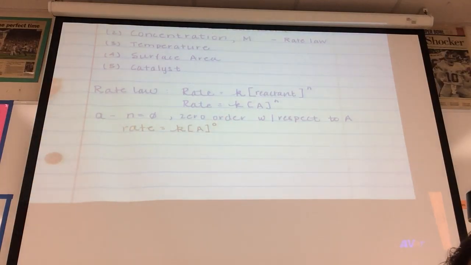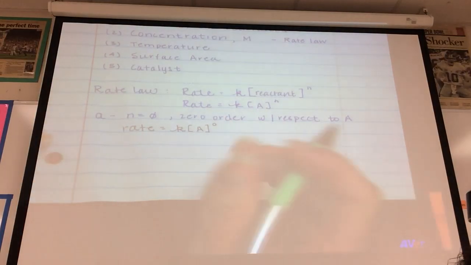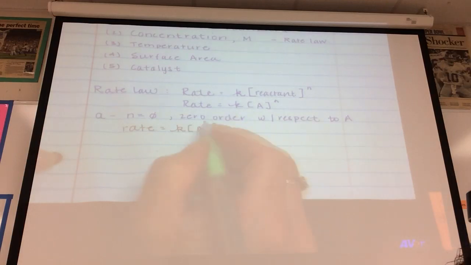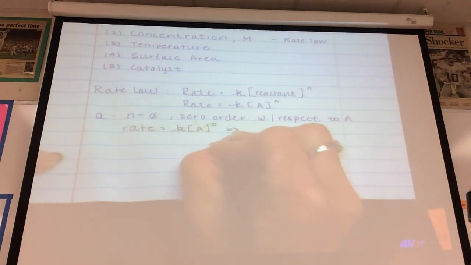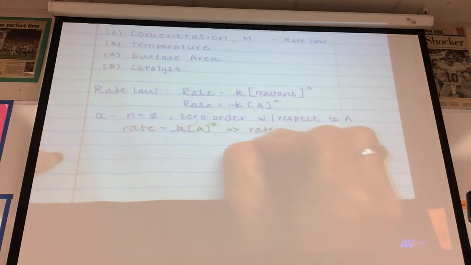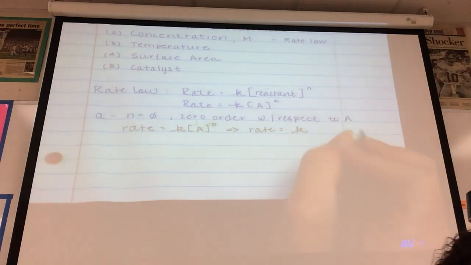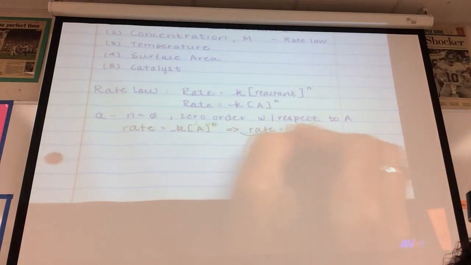Any number, variable, etc. to the 0 is equal to what? 1, not 0. So that means that the rate is equal to K. That's our rate law.